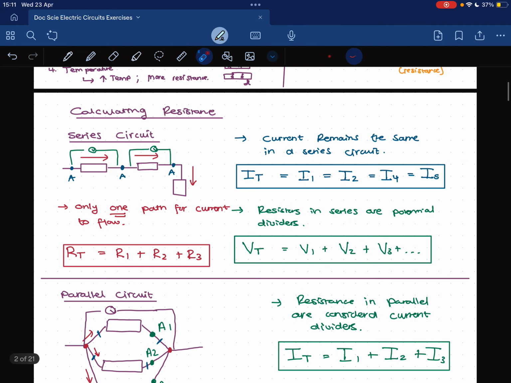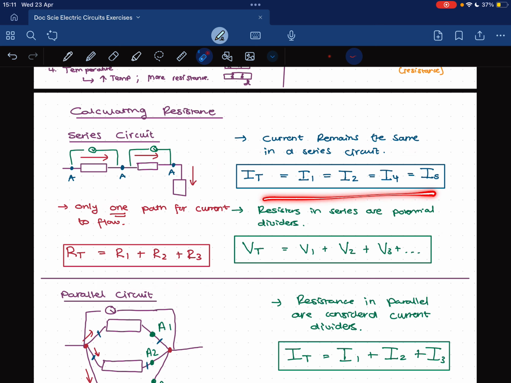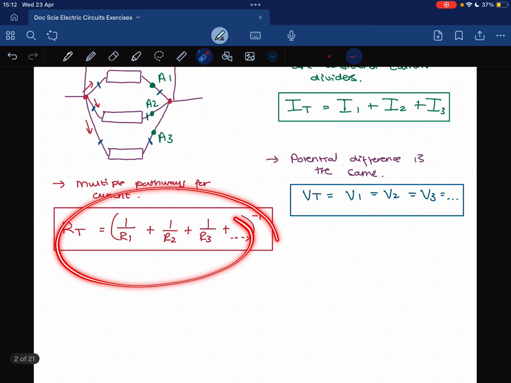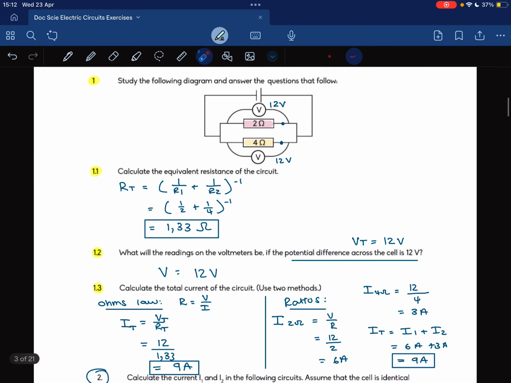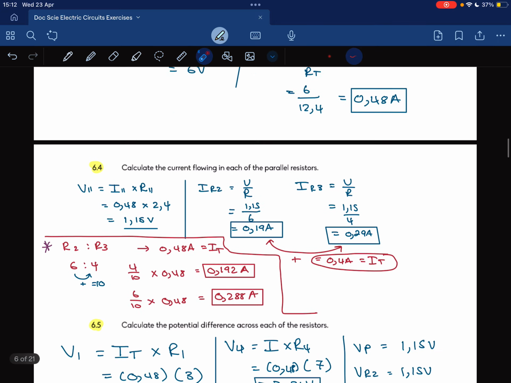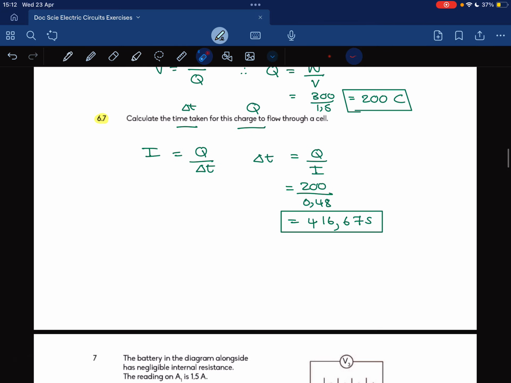You must know what happens in the series circuit for the current, the voltage, and the resistance, and you must know what happens to the resistance, current, and voltage in parallel. The only way that these become easier to understand is through practice, practice, practice. It's not something that you'll just understand, it's something that you have to develop over time.